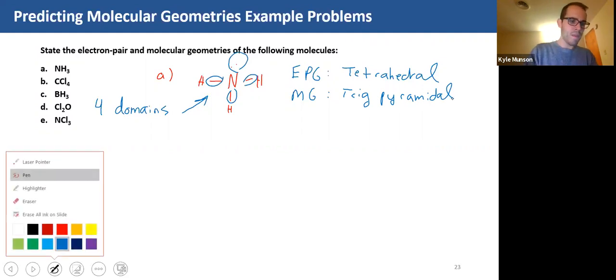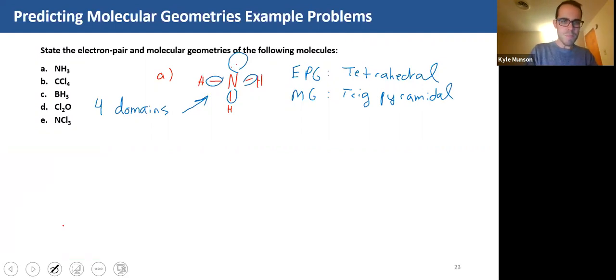All right, so let's do some more. B. So this is carbon tetrachloride, if you remember from the naming chapter. I'm only concerned about the central atom.